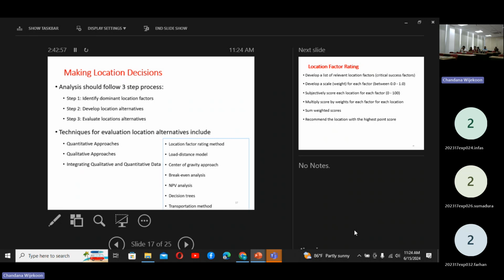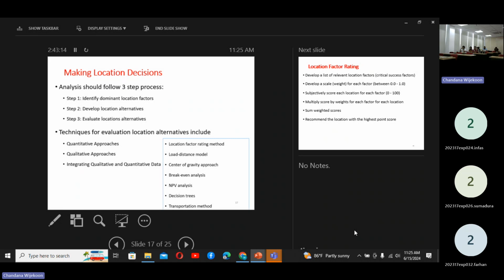Those are the most prominent, most appropriate places. If you have to select only one place, then you'll have to analyze those prominent places in a careful manner and select one or two places.